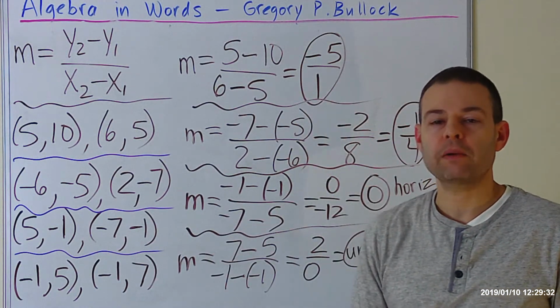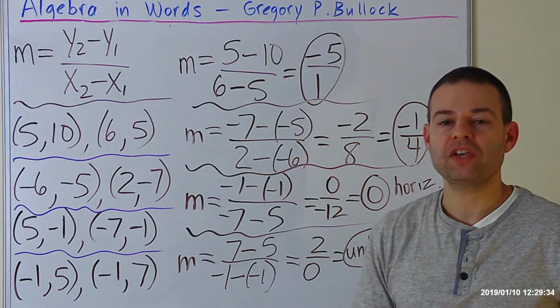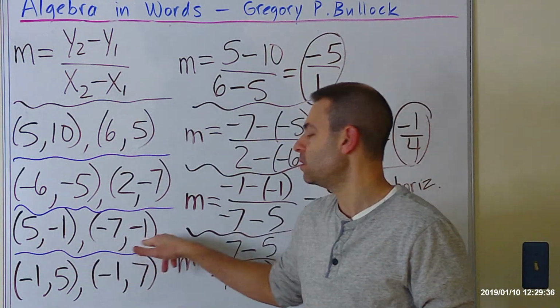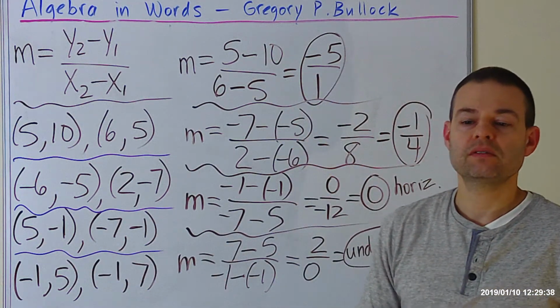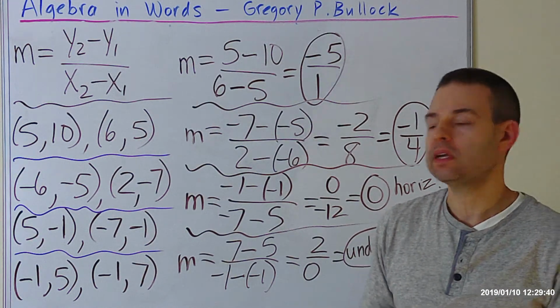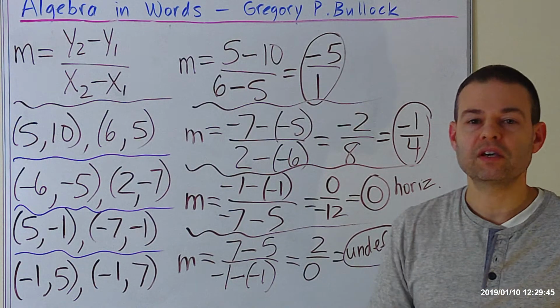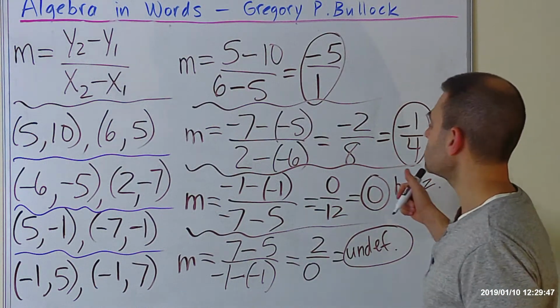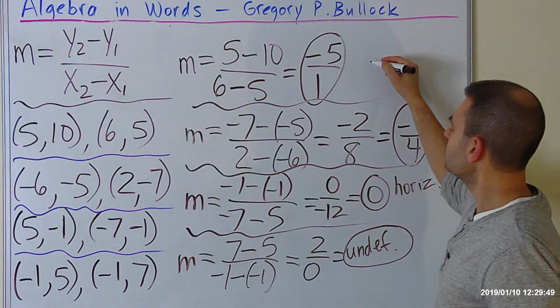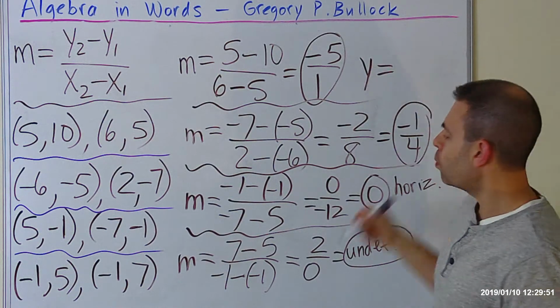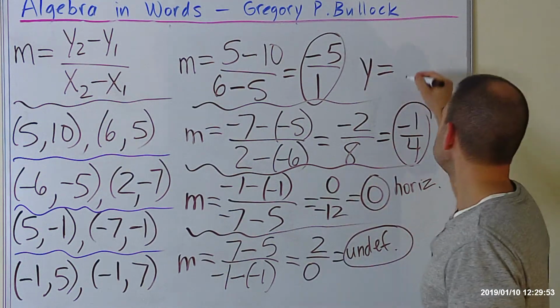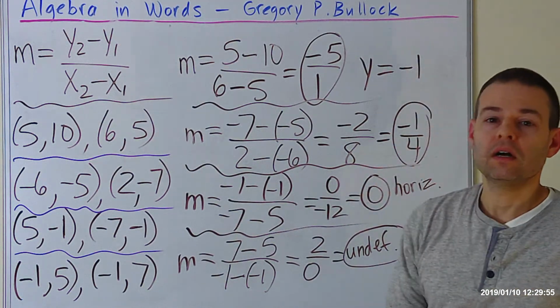If I were to ask you what's the equation of the line just by looking at these 2 points, since the y values are the same, that means that they're the same for every point. You could write the equation for that as y equals negative 1.